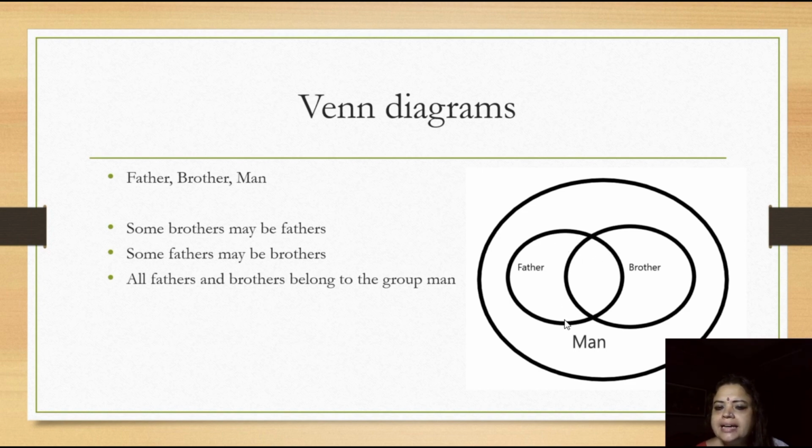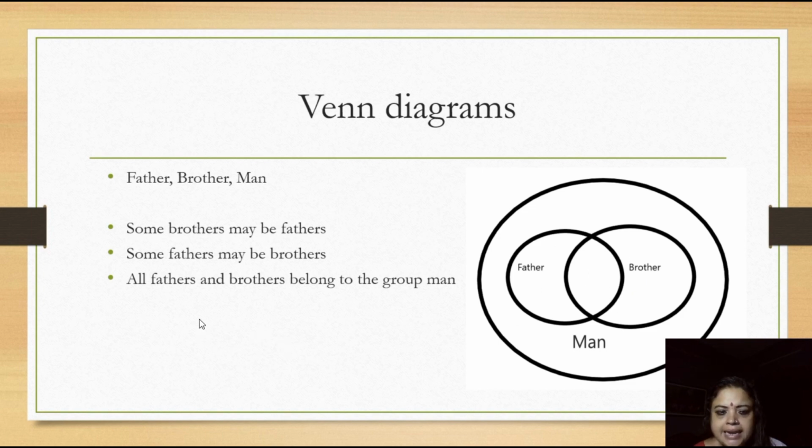There is an overlapping circle which shows that brother has something to share with the group of fathers. Then there is another statement coming up. Some fathers may be brothers. In fact, that is the same as the first statement, some fathers also have the same traits as brothers, so they have overlapping circles.